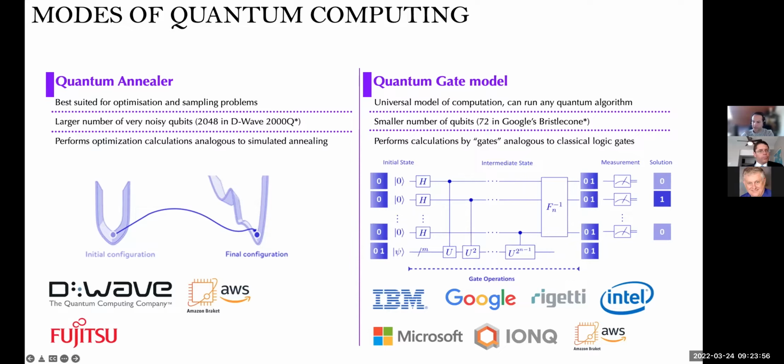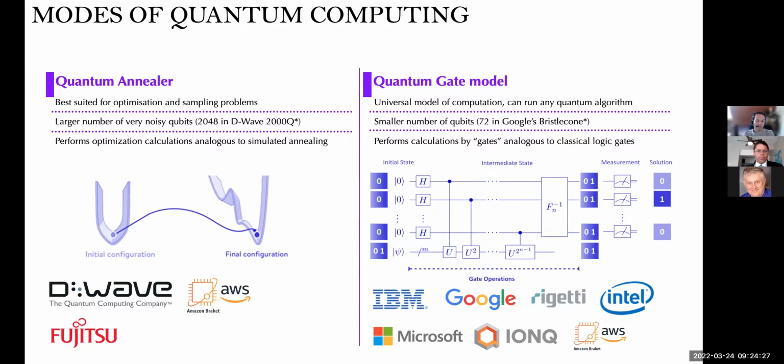Fujitsu has claims, and the only public service right now that is actually combining a really good platform to get started is AWS's Braket, that you can have D-Wave. It's got API integrated with D-Wave, and also API integrated with IonQ and Rigetti. So you get gate and annealing, and you can actually combine them.